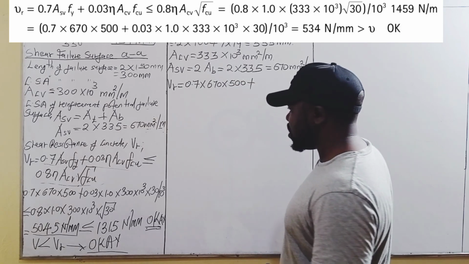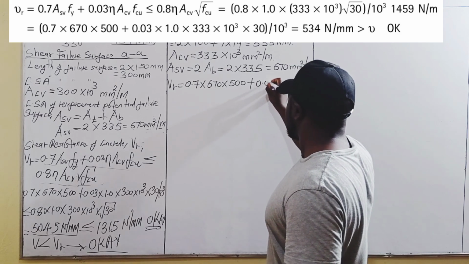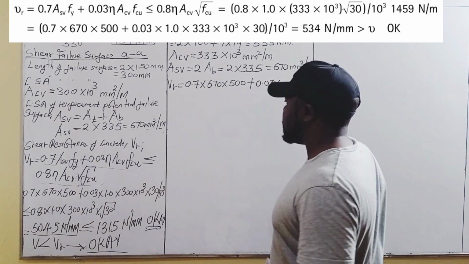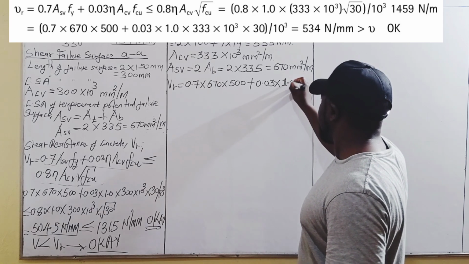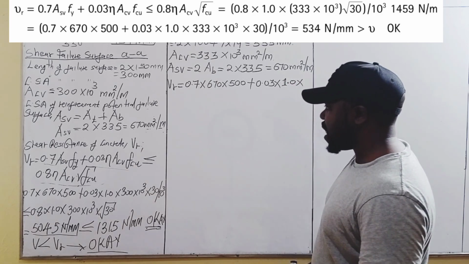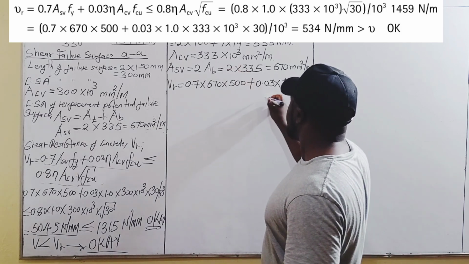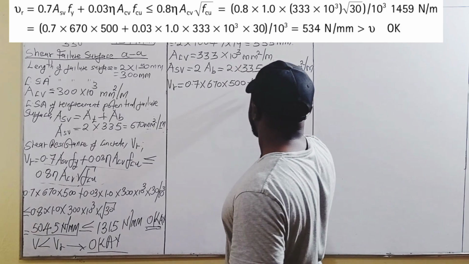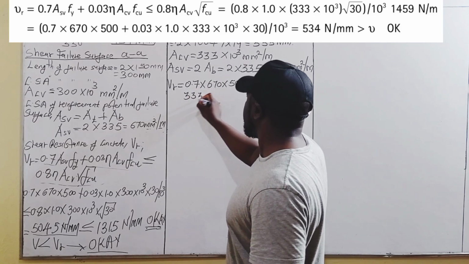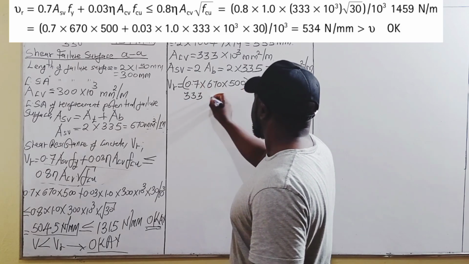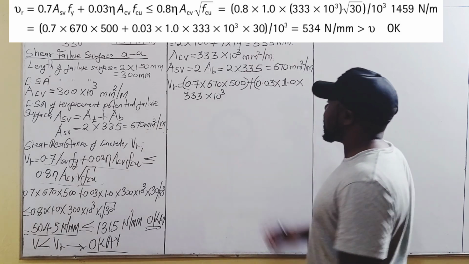Then we add these to 0.03 times a constant N for normal concrete, that is 1.0, multiplied by ACV, which is 333. So we multiply that by 333 times 10 raised to the power of 3 square millimeters per meter.